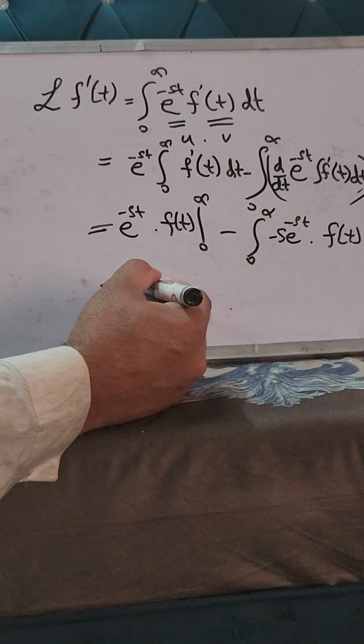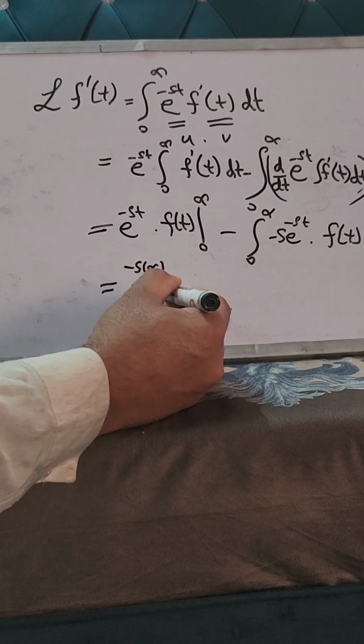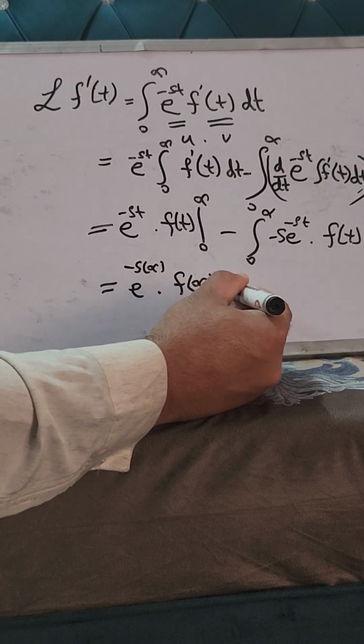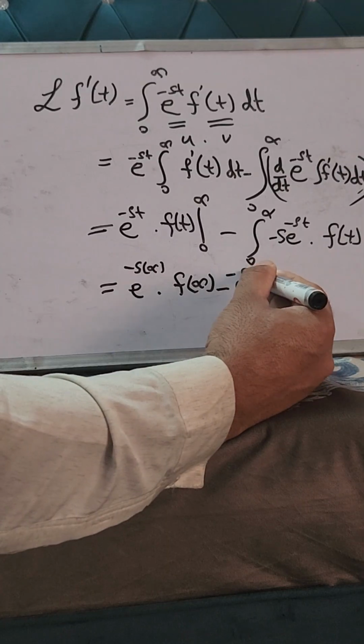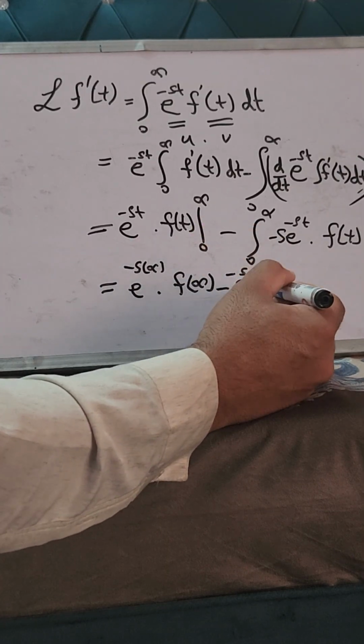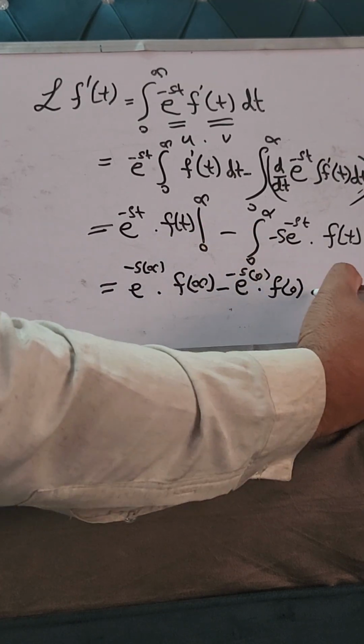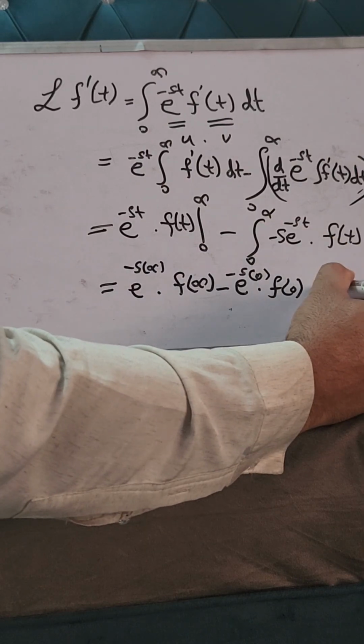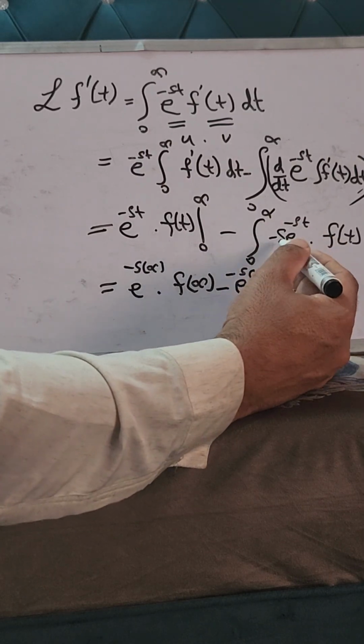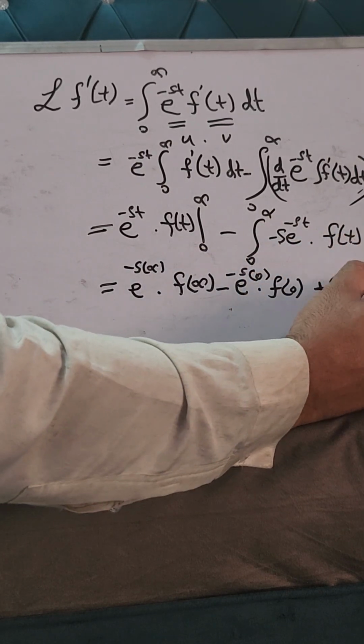Putting limit from 0 to infinity: e to the power minus s into infinity times f of infinity, minus e to the power minus s into 0 times f of 0, minus minus plus, taking s outside the integral as s is independent of t.